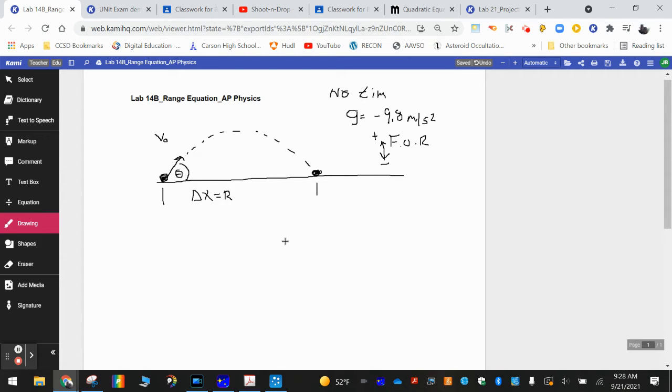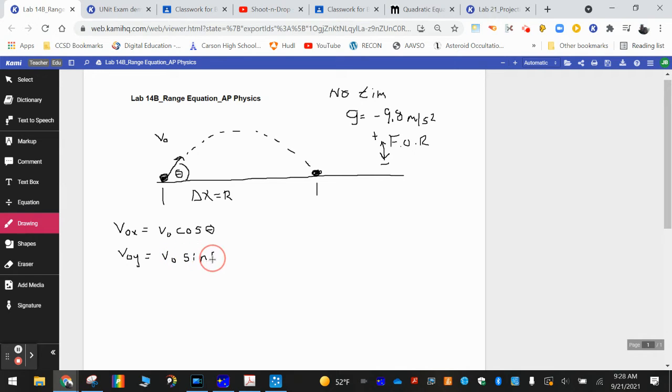Usually step one in any projectile motion problem is to figure out the x and y components of velocity. So V0x is equal to V0 cosine of theta, and V0y is equal to V0 sine of theta.